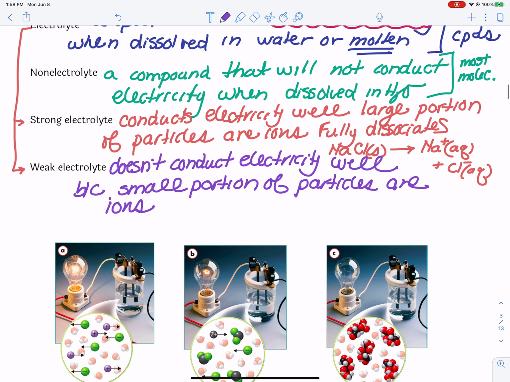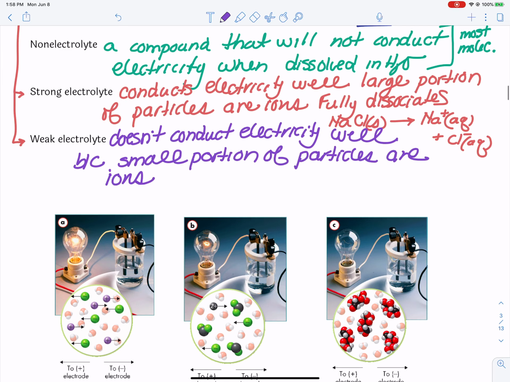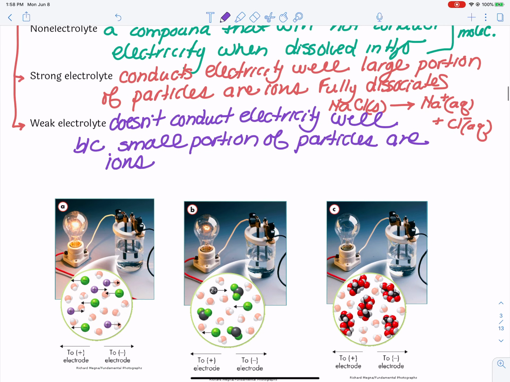So what would that be? Well, we are going to look at a few of these. Most ionic compounds, we say ionic compounds are electrolytes. And you remember those solubility rules that we learned? Those compounds that we said are always soluble will form strong electrolytes.